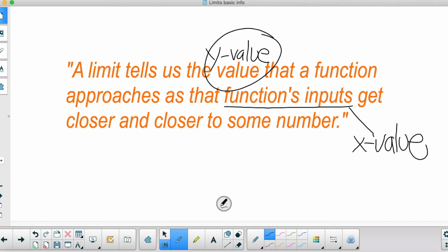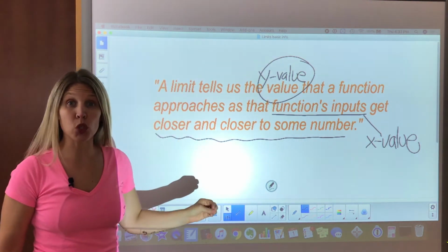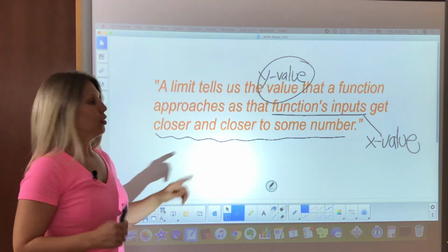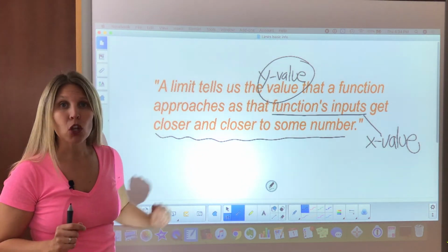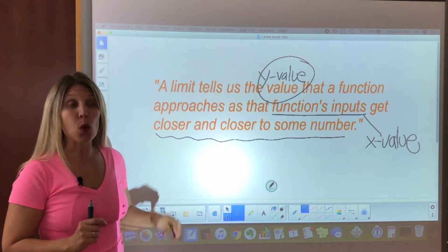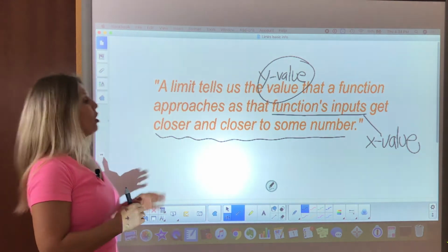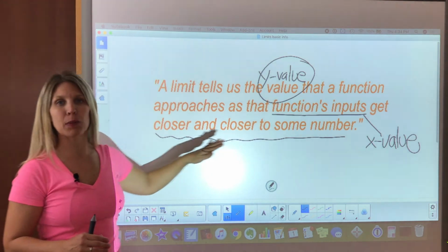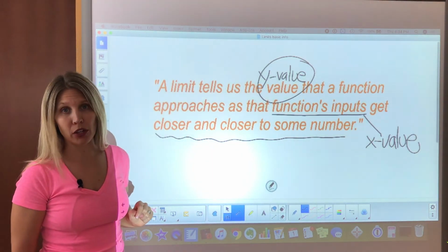As it gets closer and closer to some number, meaning if it's as x approaches 2, the closer and closer part would be 1.9, 1.99, 1.999 until you get to 2. So all this is saying is it's getting closer to some x value. What is my y value going to be?